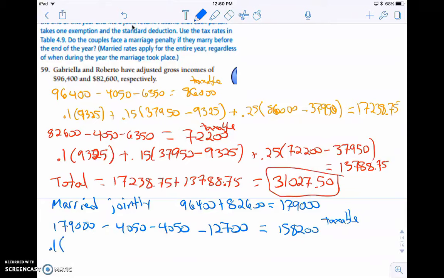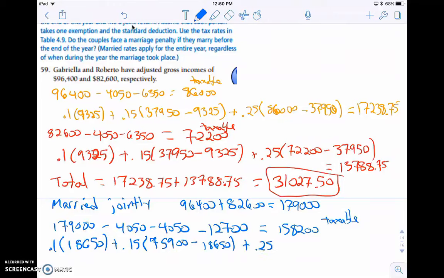So for married filing jointly, the 10% margin is 10% of $18,650. So they're definitely above that. So then the next one is 15%, which is $75,900, and then minus $18,650 because they're taxed 15% on that range between $75,900 and $18,650.